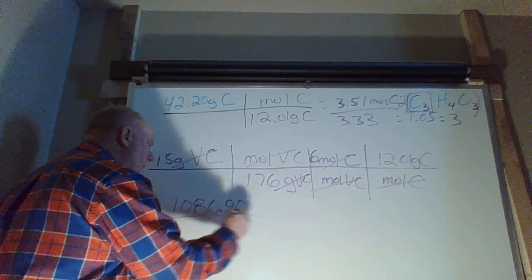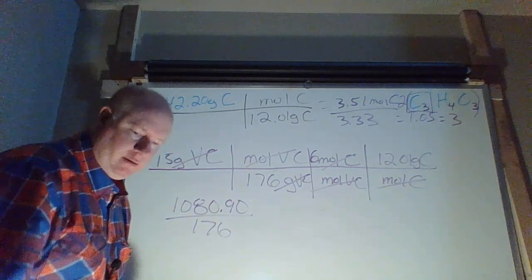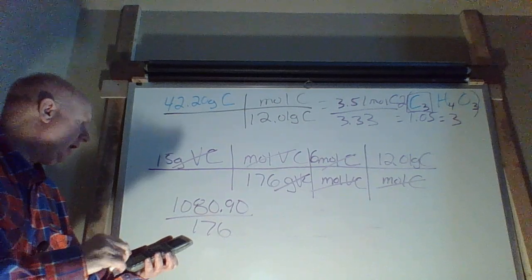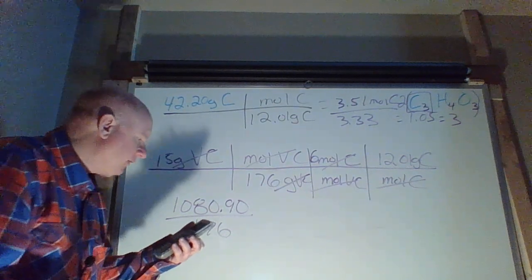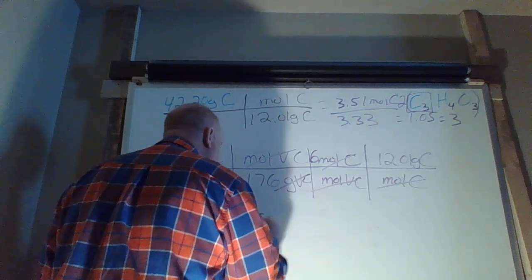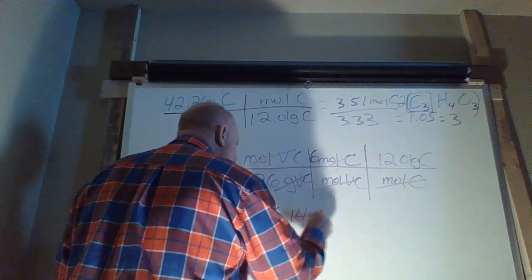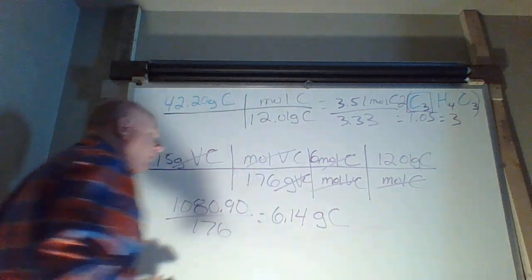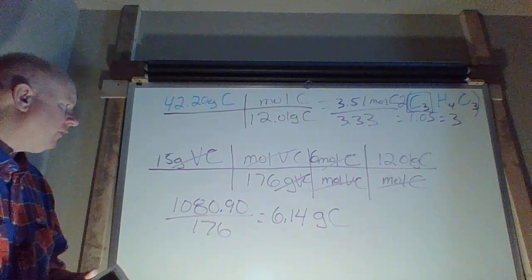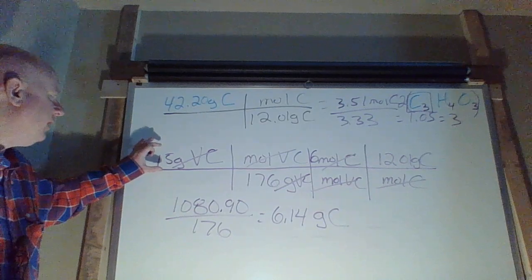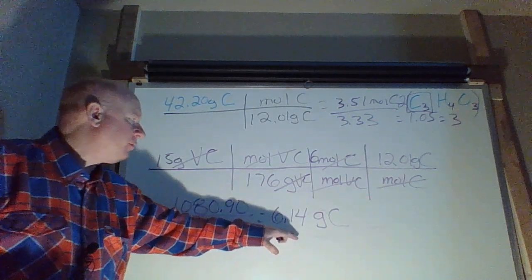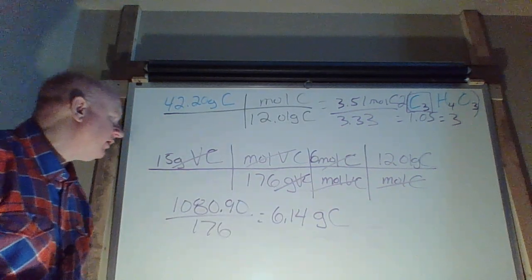We still have that 176 to contend with. Divided by 176, that gives us 6.14 grams of carbon. So for ascorbic acid, or vitamin C, in this context, if we had a 15-gram pill, 6.14 grams of that is carbon.